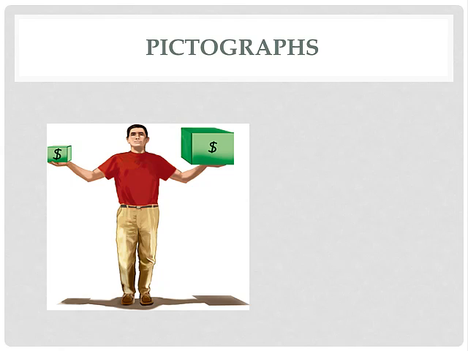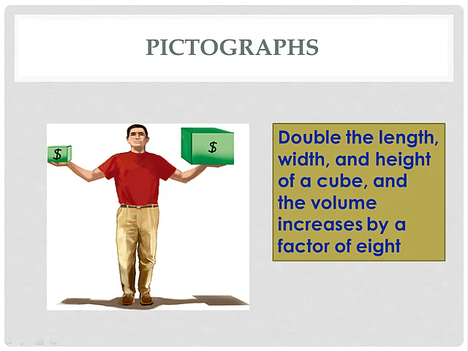Again, pictographs are really a no-no when trying to represent data. Here, maybe we're trying to show that this is double, I think was the caption that I saw here. But when you double the length, width, and height of a cube, it actually increases the volume, which now we're in 3D, so we're looking sort of three-dimensionally, by a factor of 8.